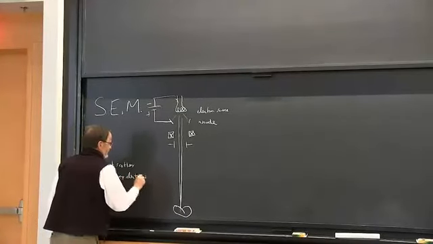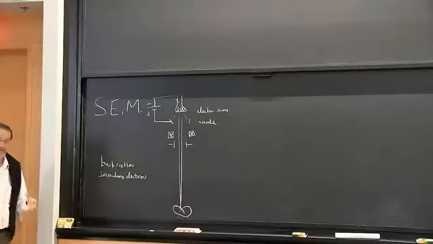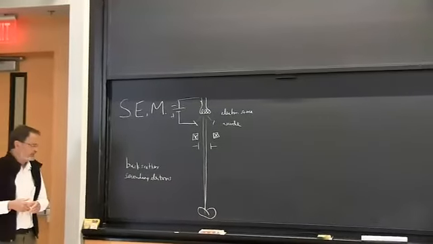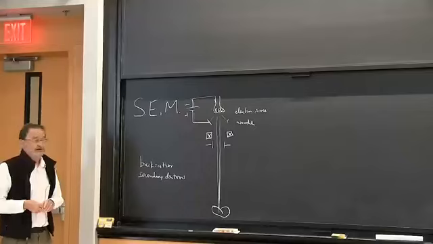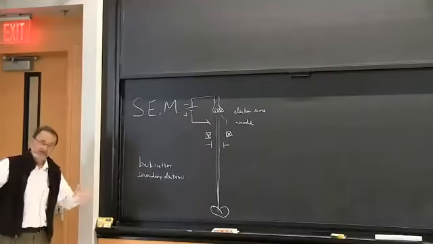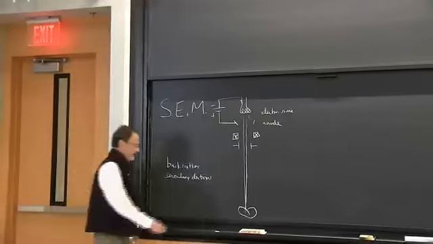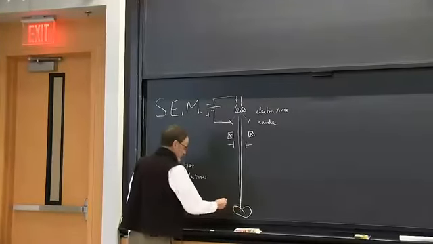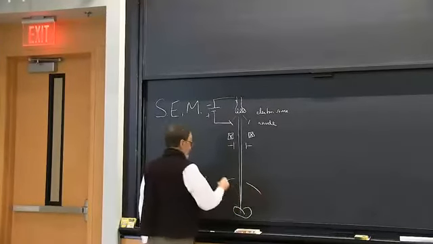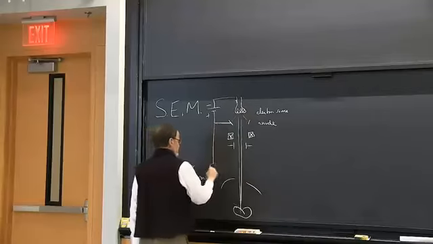You can think of them as bumping into molecules and losing some energy, bumping electrons off, ionizing things. And some of those secondary electrons come out of the object. And they're gathered by some kind of electrode.